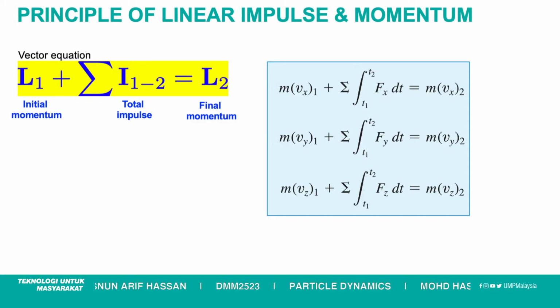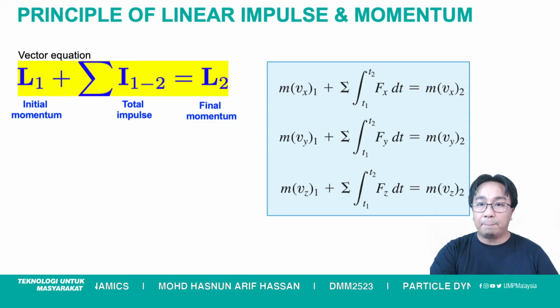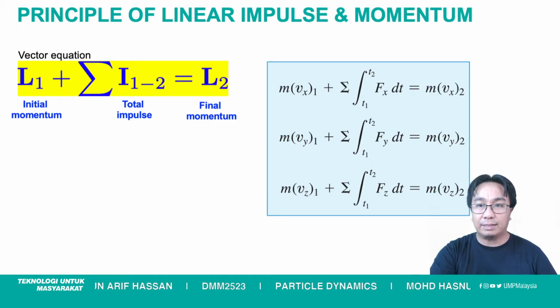So we can write it as mvx1 plus the integration of F dt equals mvx2, and mvy1 plus the total impulse in y-axis equals mvy2. And if we have a three-dimensional problem, then we can write it as mvz1 plus the total impulse in z-axis equals mvz2.